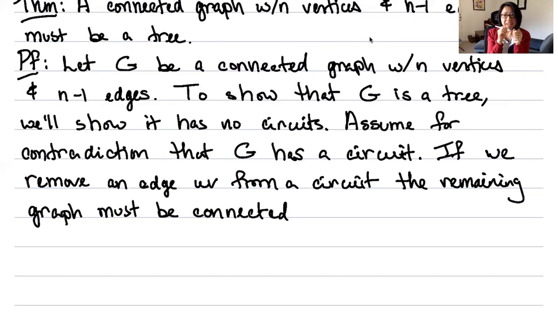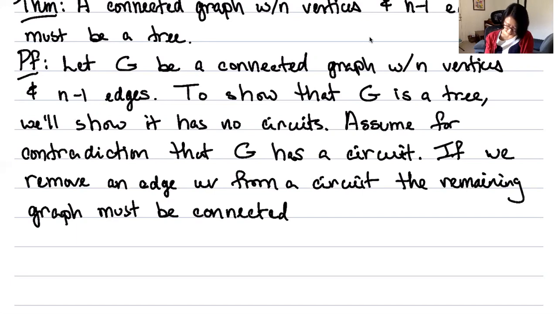Why do we still have a walk from U to V? Well, the edge UV was part of some big circuit, and instead of taking the edge from U to V, I could just go the other way around the circuit.